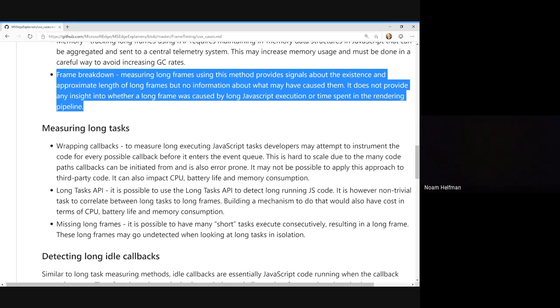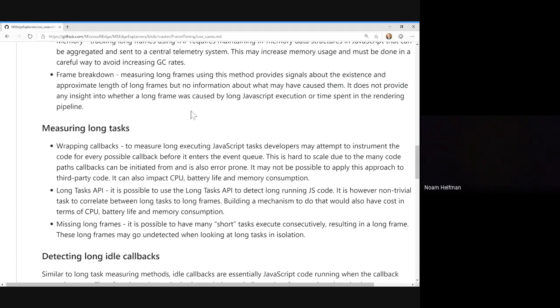Regarding the other aspects related to the rendering pipeline or anything else that could cause dropped frames, including GC or idle tasks, although there are tasks, so I don't know about that, it does help us to understand the breakdown of a frame into multiple components of the frame.